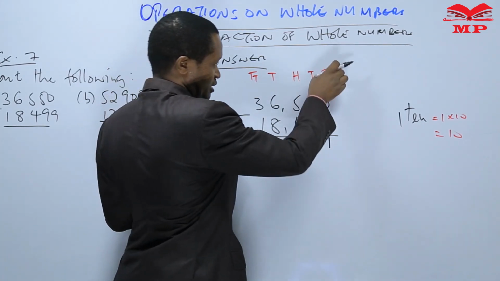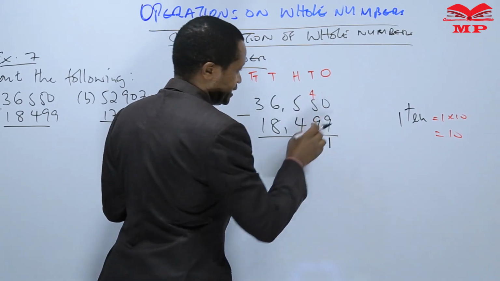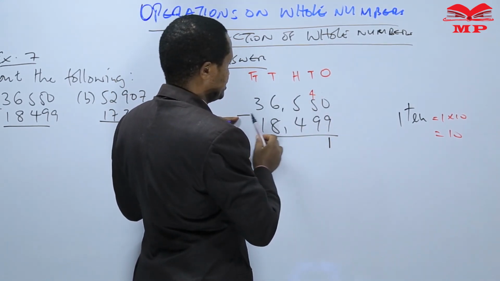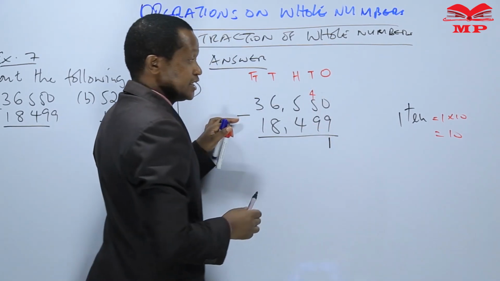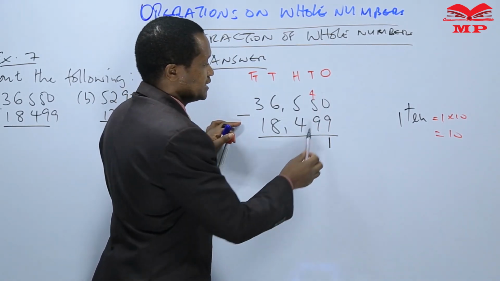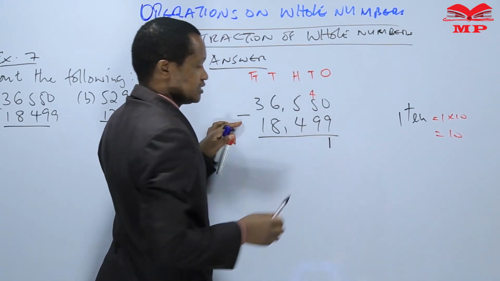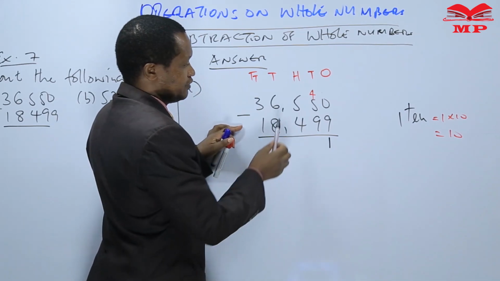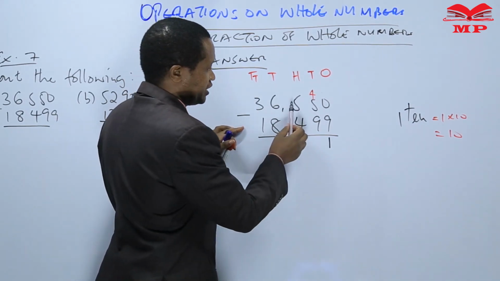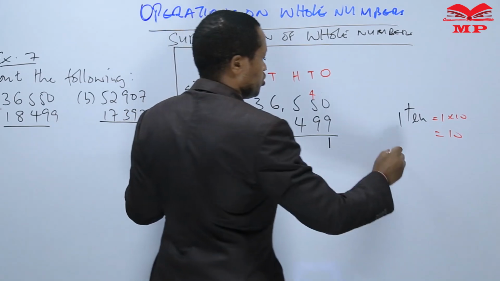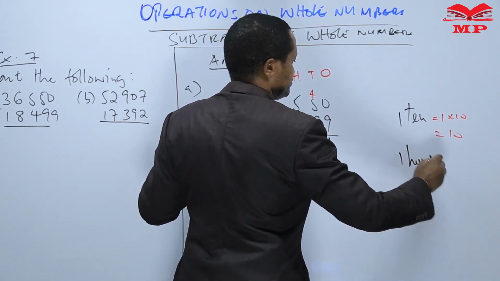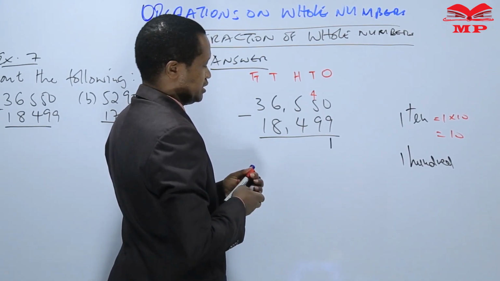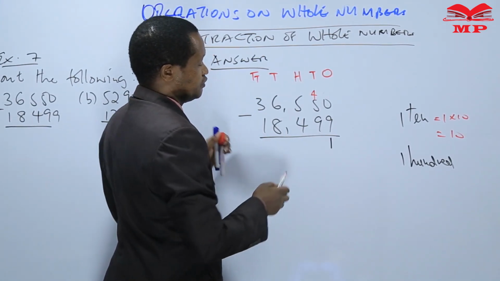So we have subtracted the ones, we move on to the tens. Here you have 4 tens minus 9 tens. Again, it's not possible, so we will have to borrow from the hundreds. We have 5 hundreds, so we'll borrow 100. After borrowing 100, the hundreds will reduce from 5 to 4.